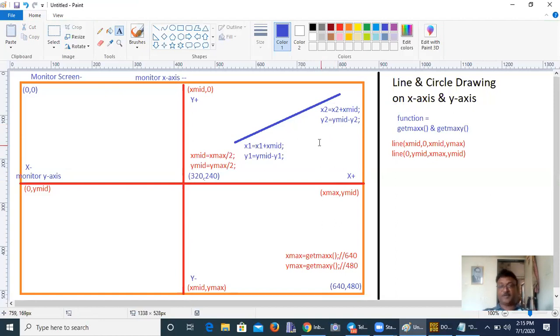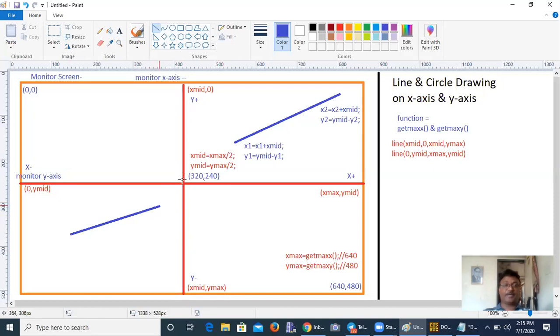Suppose the line appears in your first quadrant, or suppose the user enters negative values, like minus 10, minus 10, minus 20, minus 20.